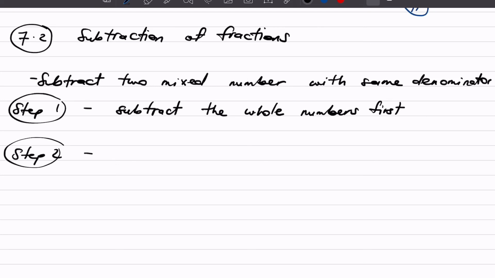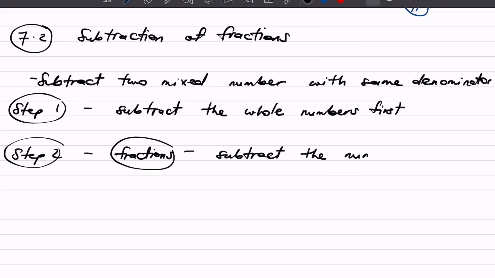Step 2, for fractions you subtract the numerators and maintain the denominators.